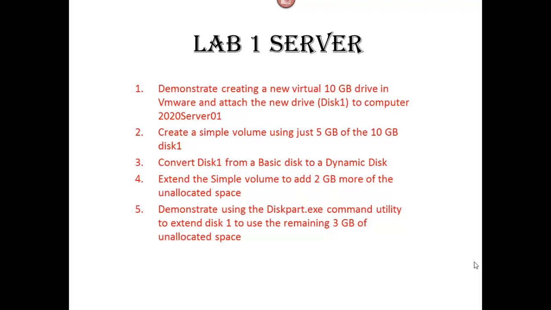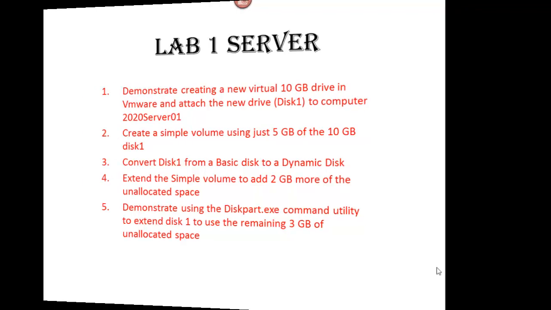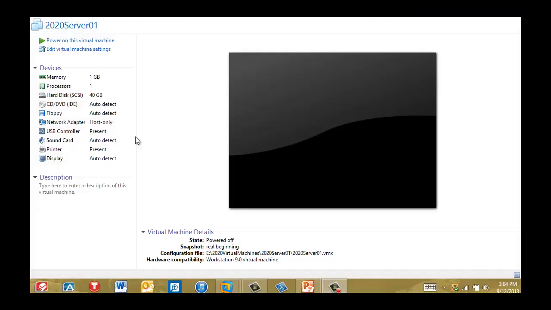Then we will extend the simple volume to add 2 gigabytes more of the unallocated space. Finally, we will demonstrate using the diskpart.exe command utility to extend disk 1 to use the remaining 3 gigabytes of unallocated space.